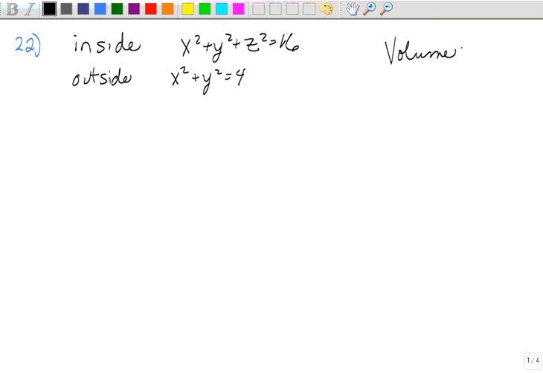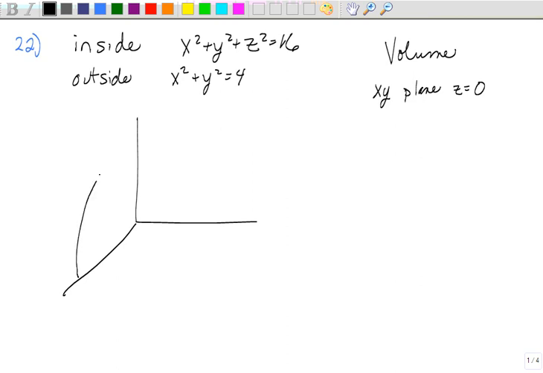So I'm going to integrate the area of the cross section. In the xy plane, z is 0. I don't know if I need that or not. And if I draw this, what I have is a sphere.